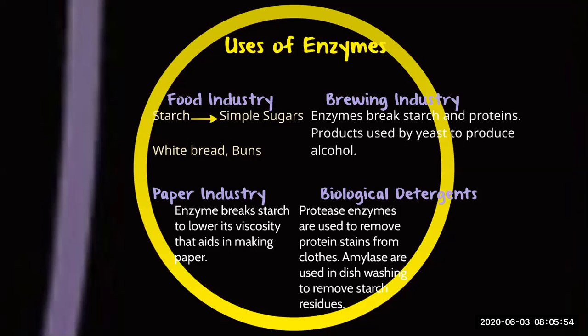Protease enzymes are used to remove protein stains from clothes because protease acts on proteins. And amylase is used in dishwashing to remove starch residues, like carbohydrate residues. This is how enzymes are used in the food industry, brewing industry, paper industry, and in biological detergents. So this is all about uses of enzymes.